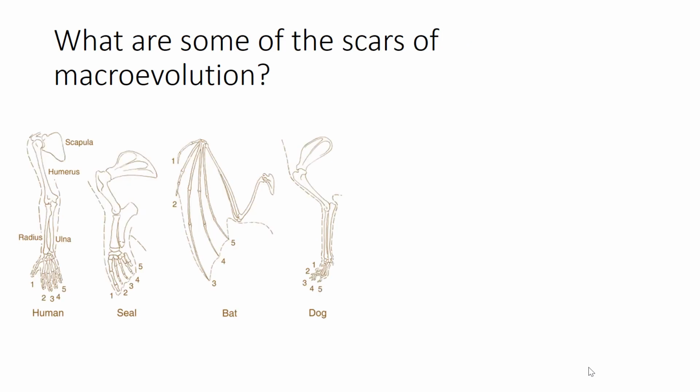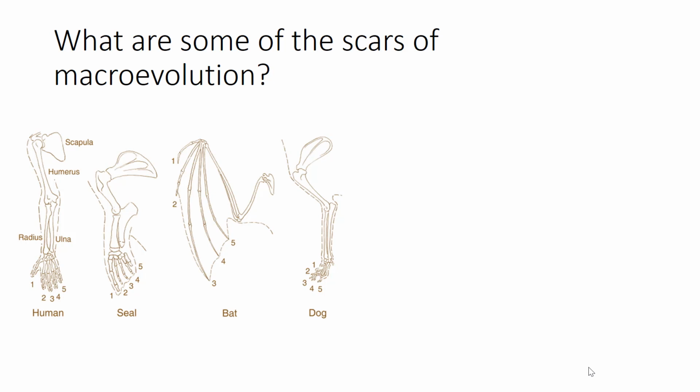All right, so let's go through these scars, and again, we're going to ask, are these really scars? And so this whole idea of homology. Homologies are oftentimes presented as strong evidence in support of universal common descent.